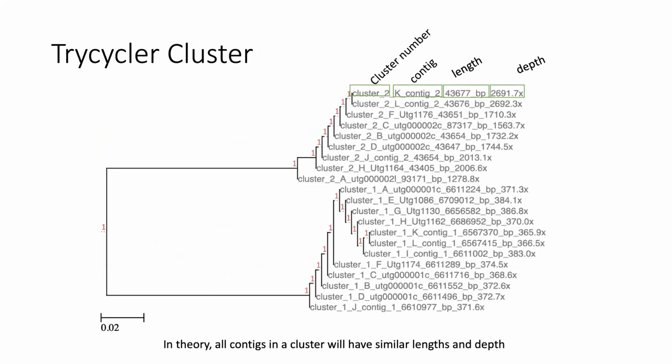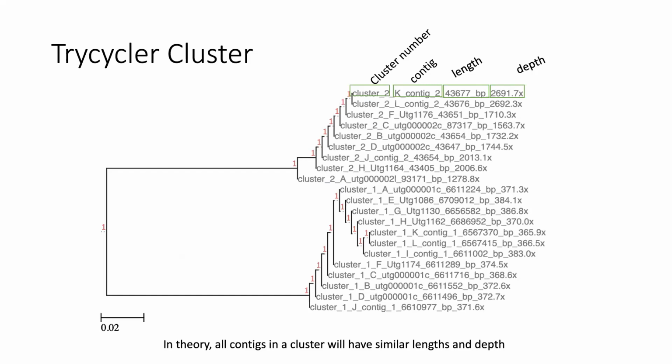And then the next step is to cluster these assemblies. Each assembly has contigs, which hopefully from the assembly are chromosomal and plasmid. And Trycycler will rename each contig based on what cluster number it's a part of, what contig it is, and then it gives you information about the length of that contig and the depth. In theory, all of the sequences in a cluster should have similar lengths and similar depths.